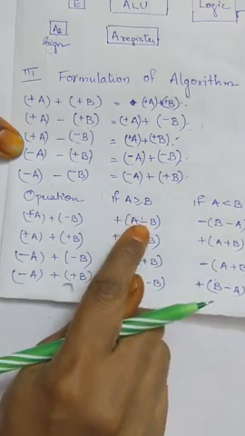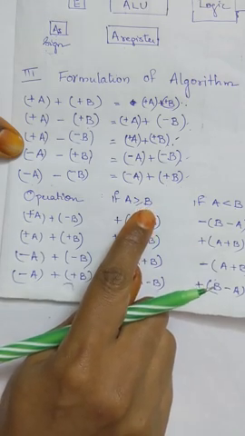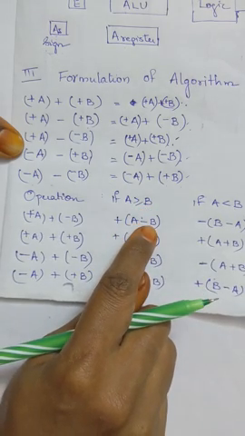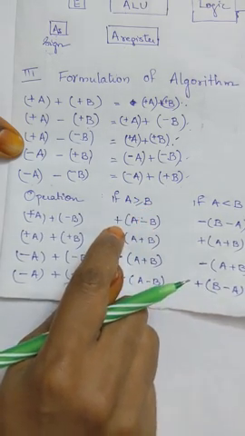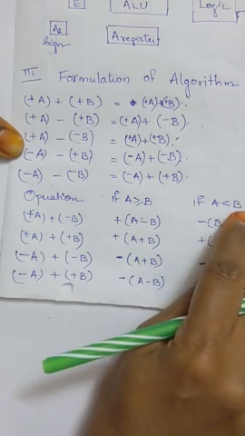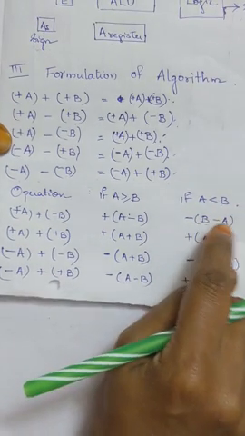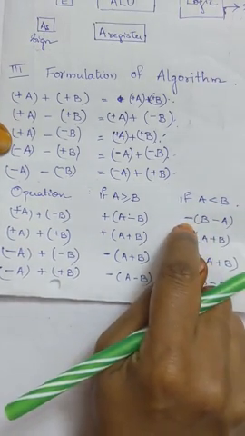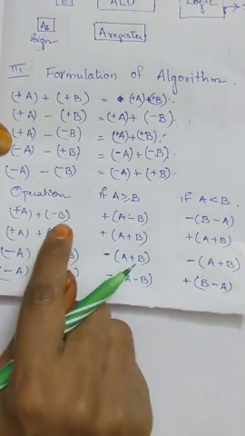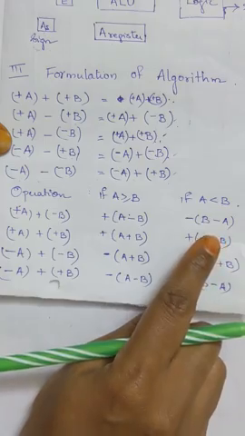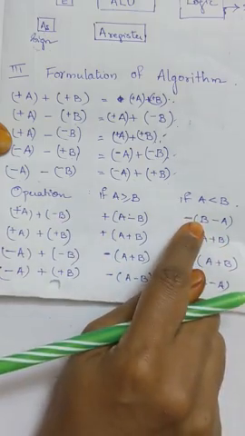If the first operand is greater than the second operand, then first operand minus b, and the sign of the first operand will be taken. If the second operand is greater than the first operand, then second operand minus a, and the sign of b will be taken.